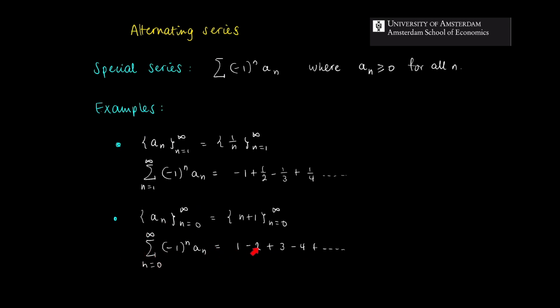This is a diverging infinite sum. Here we have a converging one, and that's the main contribution of the alternating series theorem, which makes a statement about convergence of these types of sequences.